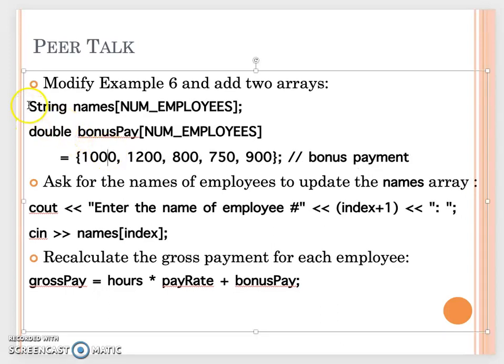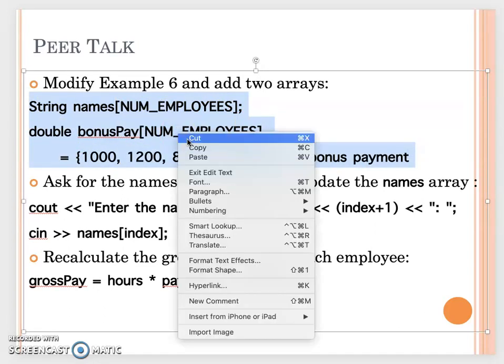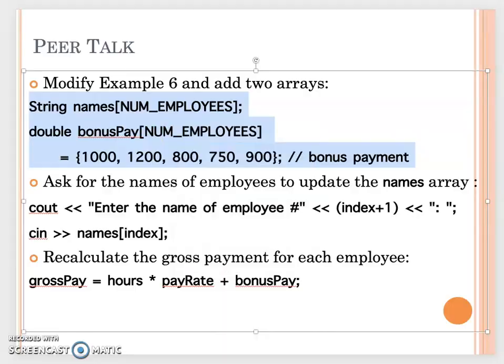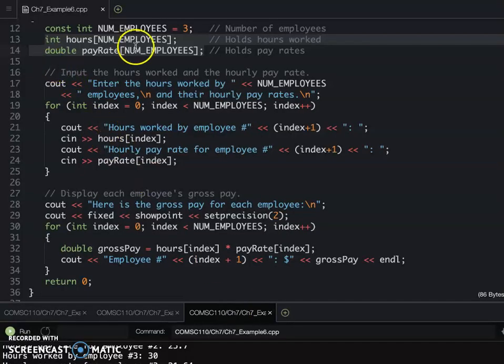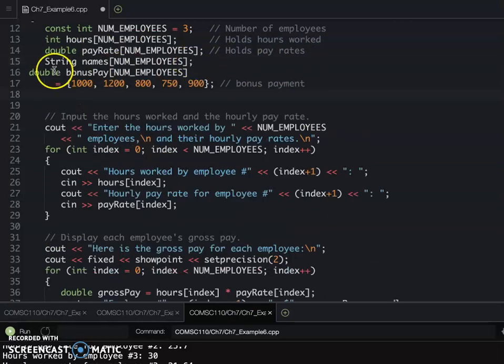Okay, so here are the 2 arrays I want you to add. I just copy that, and go to my Cloud9. Here you see I just add 2 arrays in the definition. Then we declare a string data type.